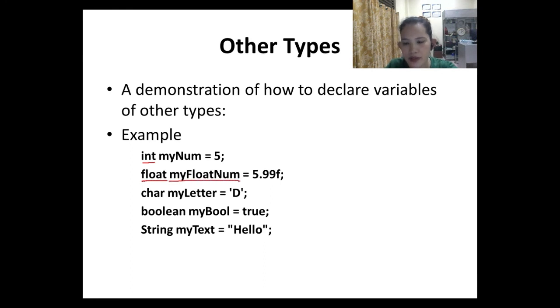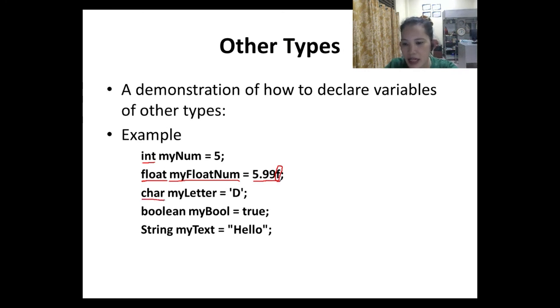What are examples of variables that you can use as a float? Say, your salary. It has a decimal number, or other decimal numbers. Those must be declared as float. This is equal to 5.99. Then you have to write an F if it's a float number.